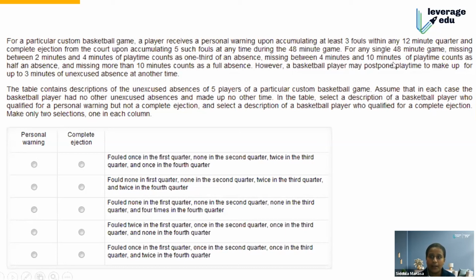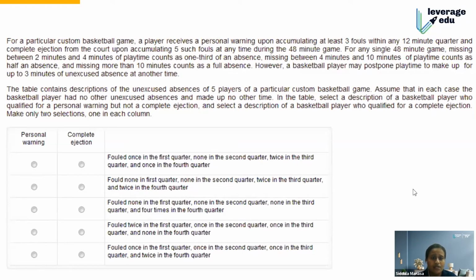For any single 48-minute game, missing between 2 minutes and 4 minutes of playtime counts as 1/3 of an absence. Missing between 4 to 10 minutes of playtime counts as half of an absence. Missing more than 10 minutes counts as a full absence. However, a basketball player may postpone playtime to make up for up to 3 minutes of unexcused absence at another time. Now let's see what it is actually telling.